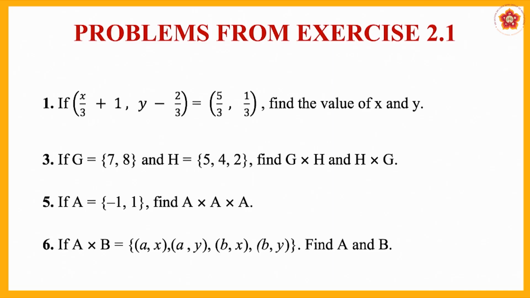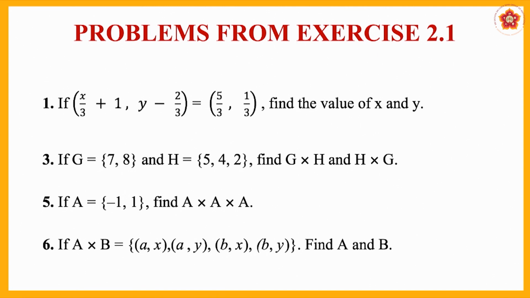Problem number 3. He says G is equal to {7, 8}, H is equal to {5, 4, 2}, and he says find G cross H and H cross G. G cross H: we know that the Cartesian product is made of ordered pairs.